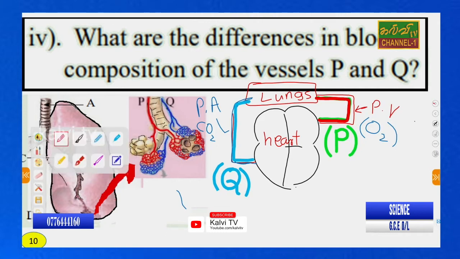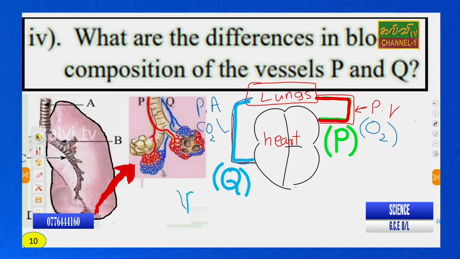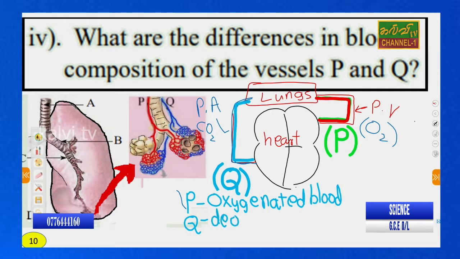P contains oxygenated blood. Q contains deoxygenated blood.